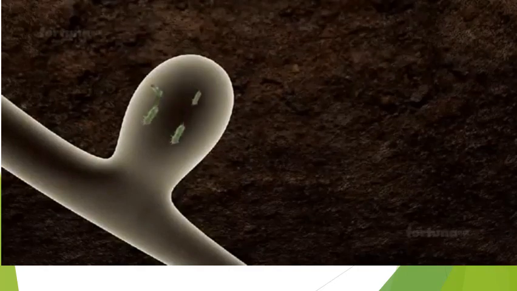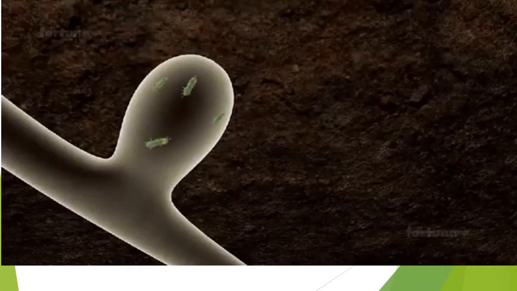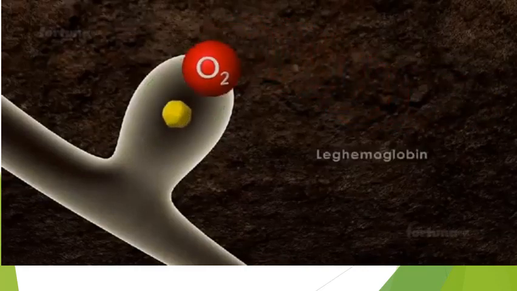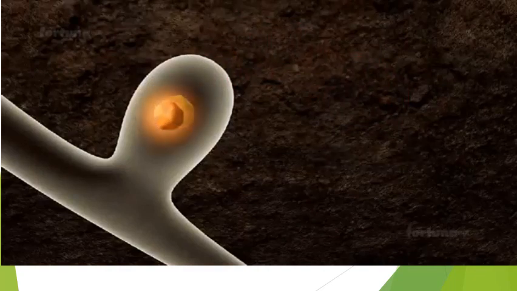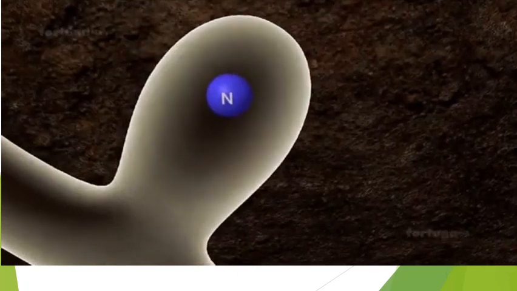The bacteria, now referred to as bacteroids, will begin the conversion of nitrogen to ammonia. Once atmospheric air reaches the root nodule, oxygen will combine with the leghemoglobin. Leghemoglobin combines with oxygen, thereby promoting nitrogenase activity.